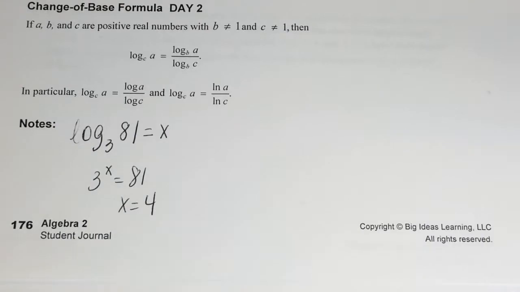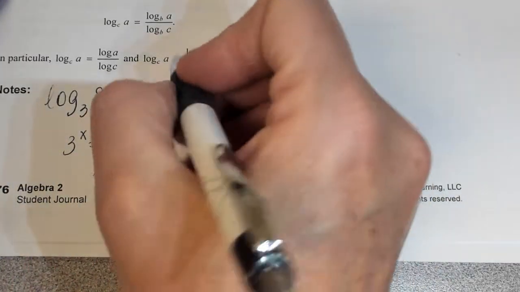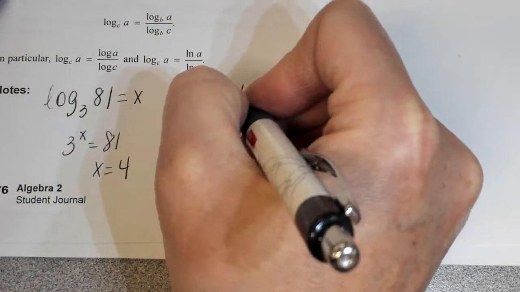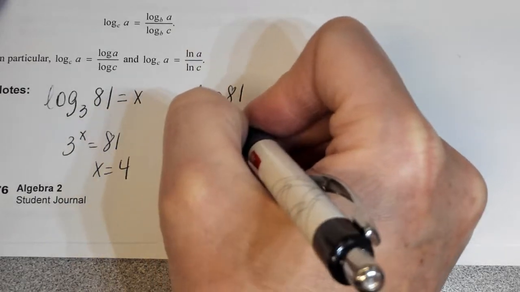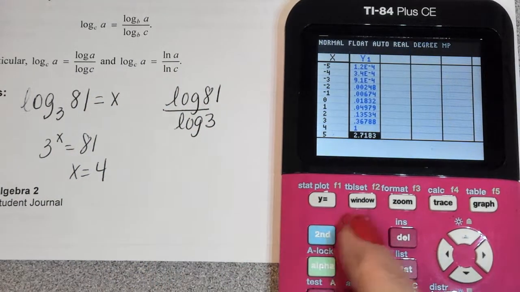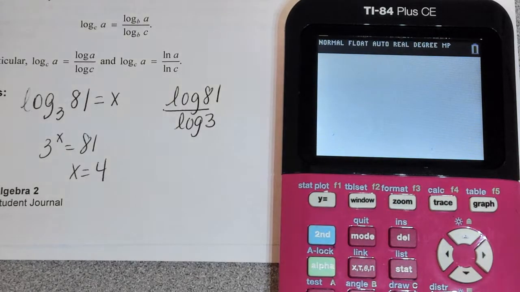But watch how I could have used my change of base formula. With change of base, I can change it to base 10. I can say that this would be equal to log 81 divided by log 3. Now I can't do that problem unless I have a calculator. But I can get my calculator out and I can just do log 81 divided by log 3.